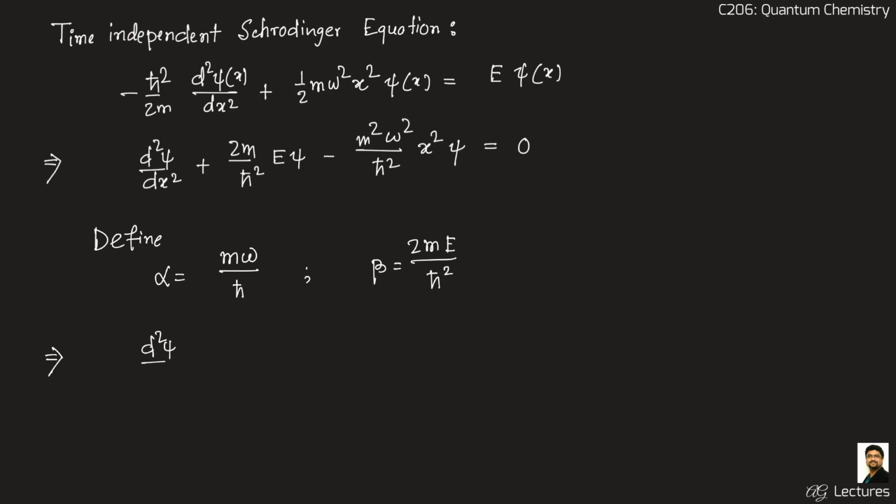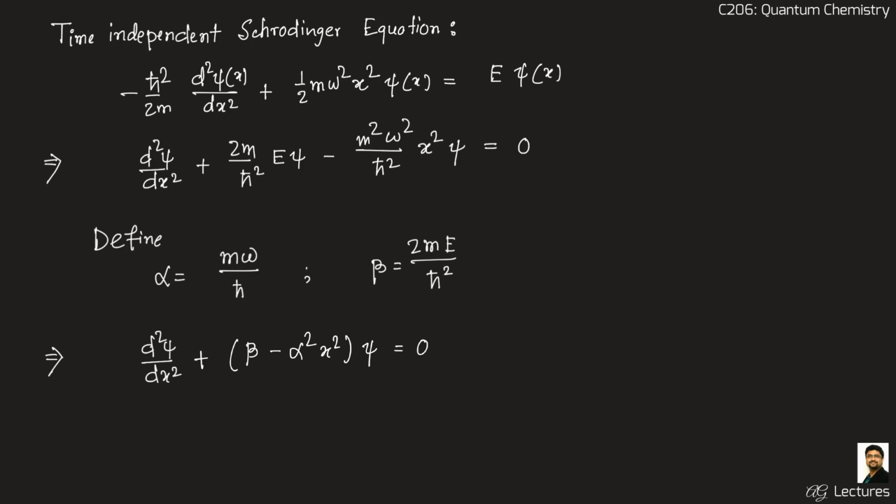So d2 psi dx2. I must tell that psi should always be written as psi as a function of x, but I'm just omitting that factor for brevity, and let's continue with this equation. So this is d2 psi dx2 plus beta minus alpha square x square psi is equal to 0.